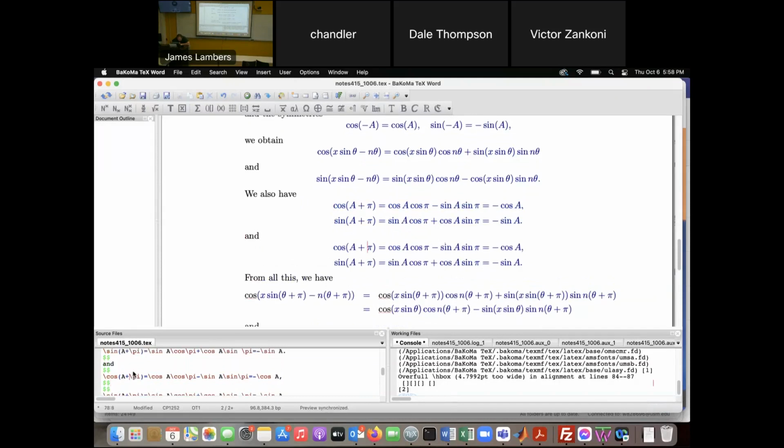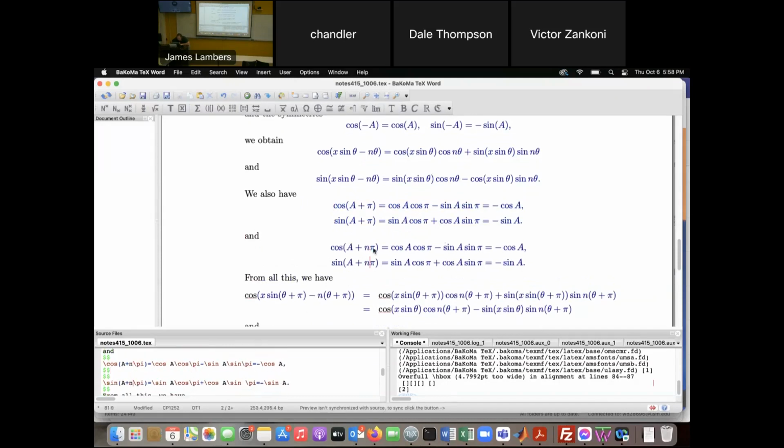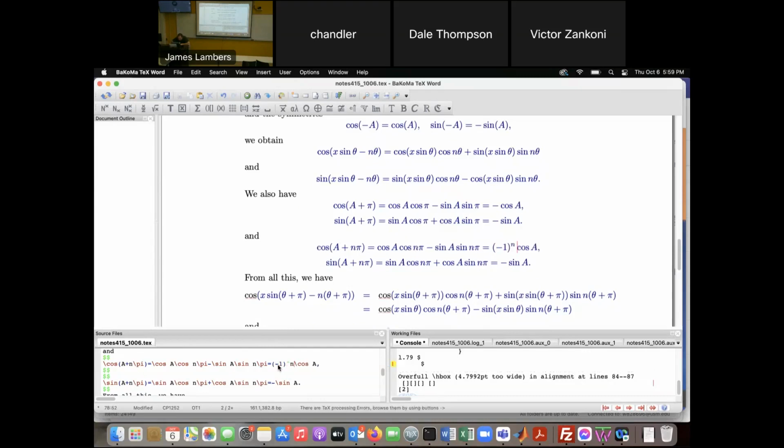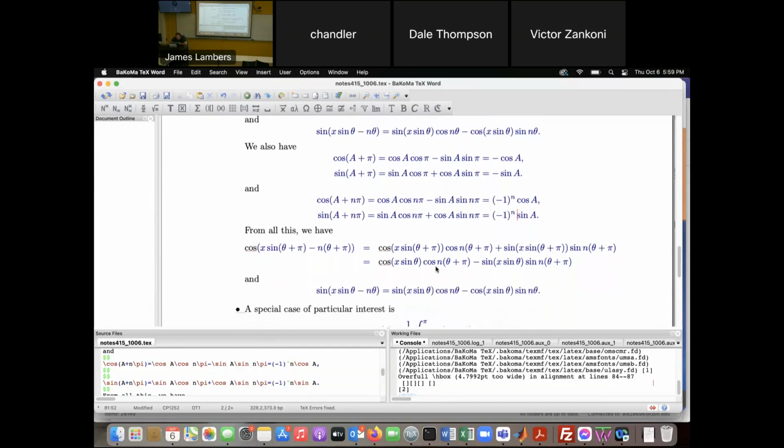So in this case, cosine of n pi is minus 1 raised to the n power, whereas sine of n pi is 0. So you're going to get minus 1 to the n, and here too I'll have minus 1.